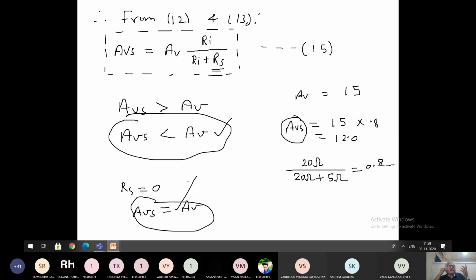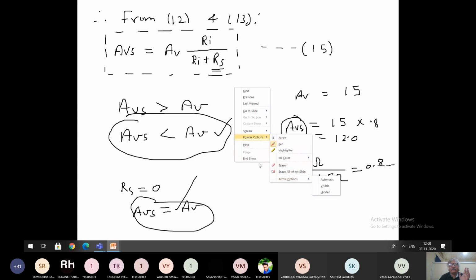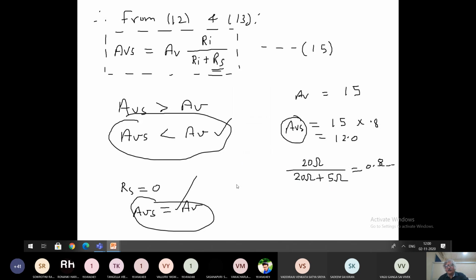But that is not the case. That's why we consider the value of Rs also while calculating the overall voltage gain. So expression 15 is the expression for overall voltage gain. If you consider the voltage gain as an ideal voltage gain, then AVS will equal AV. Okay, right. So with this I end here.